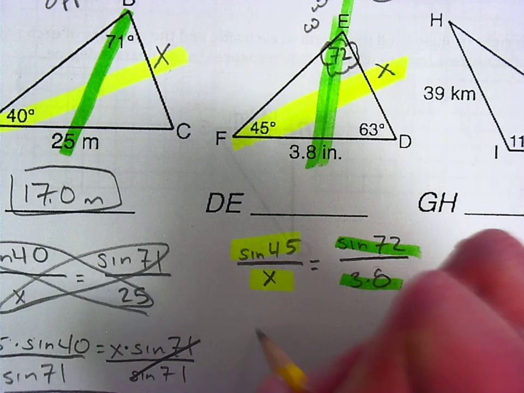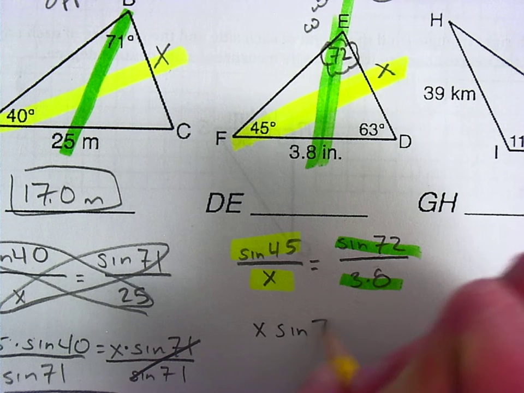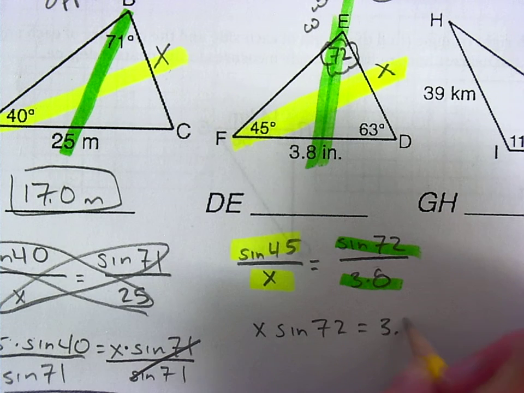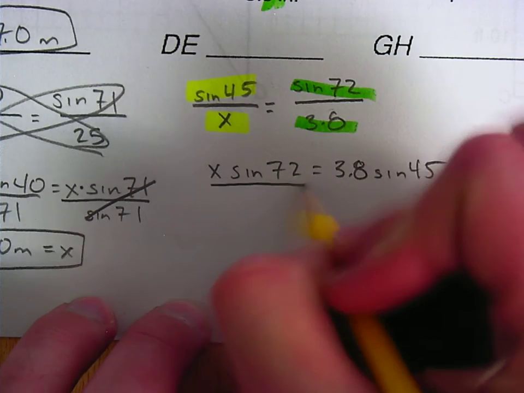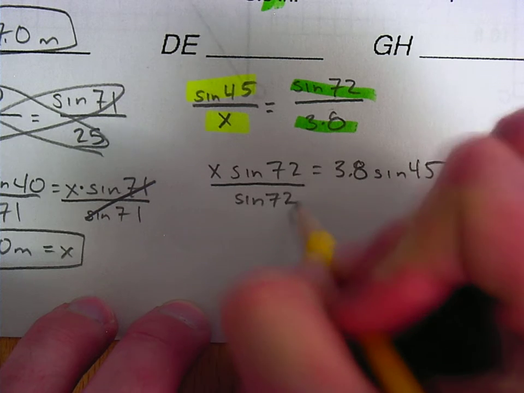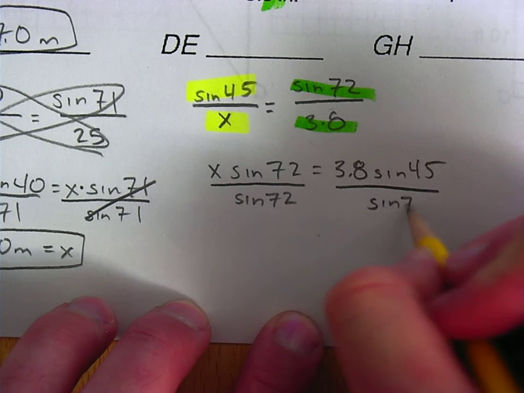Now we just cross multiply and solve. So x times sine of 72 equals 3.8 times the sine of 45. Well, to get x alone, we divide by sine of 72.